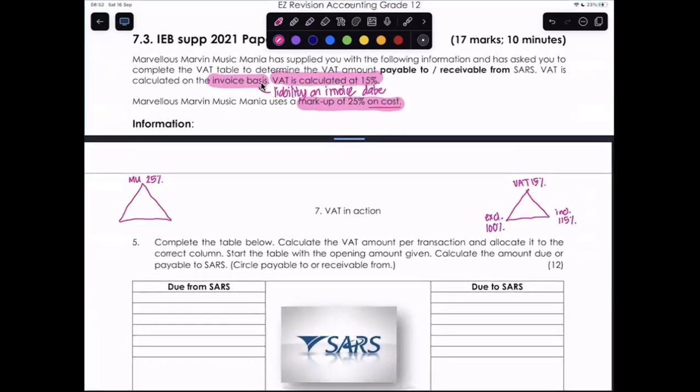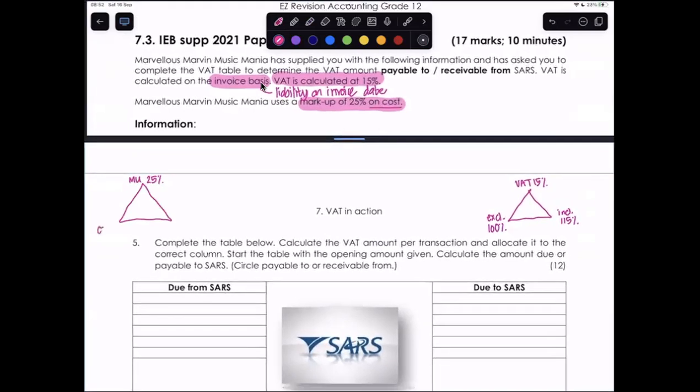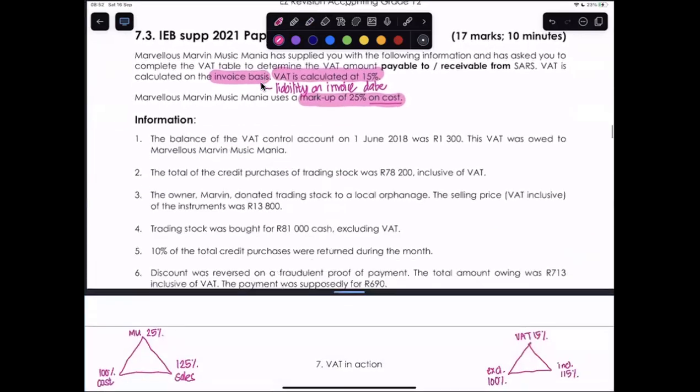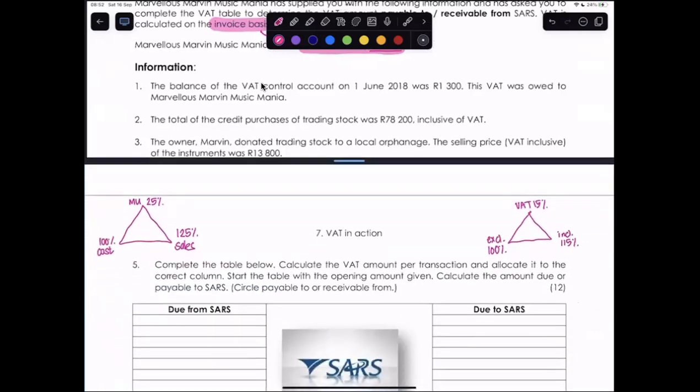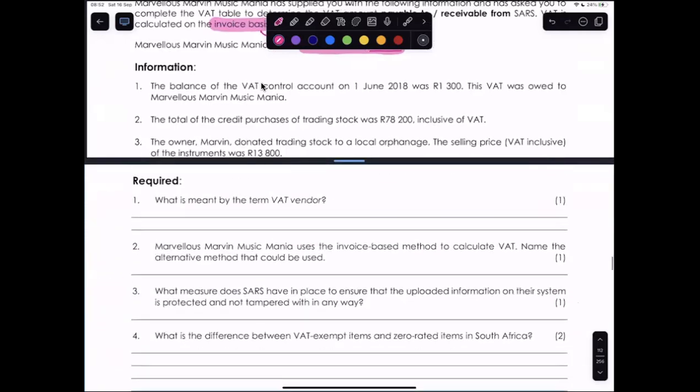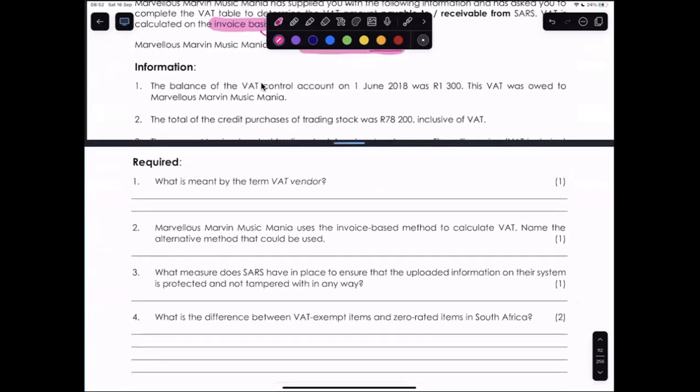So that means that my cost is going to be the 100%, which means that my sales will be 125%. You can then see that you're given a bunch of information, a whole lot of transactions that happened. And then what's required is you need to answer these questions.